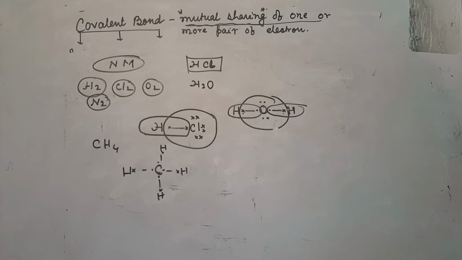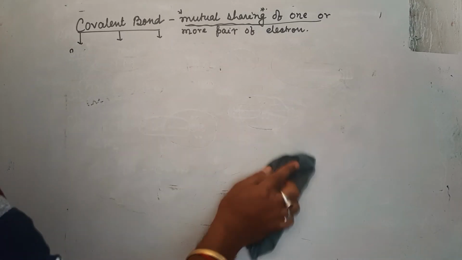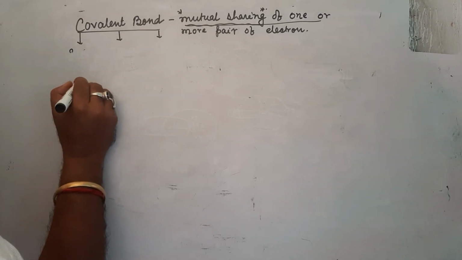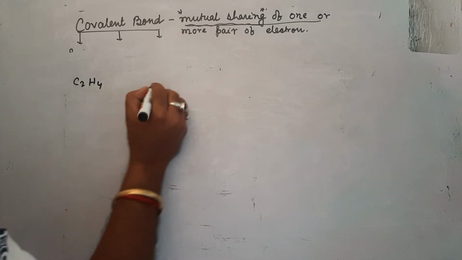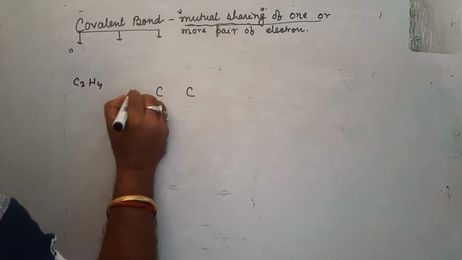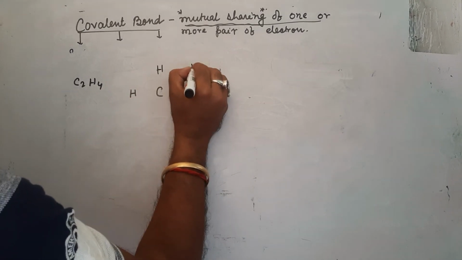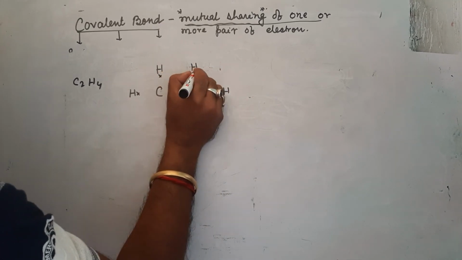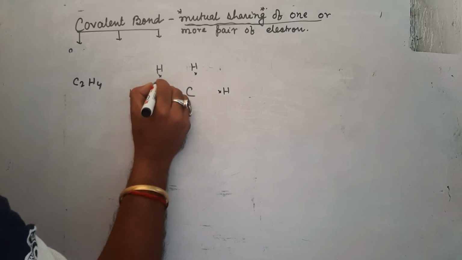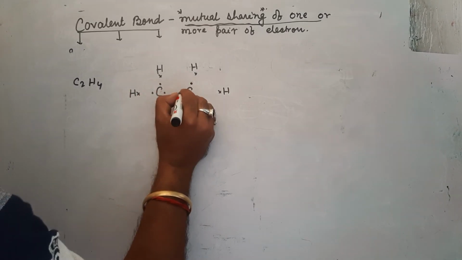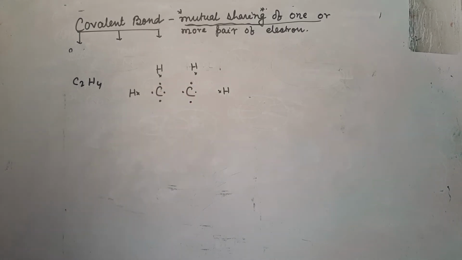Okay, now a double covalent bond. Ethene, C2H4: 2 carbon and 4 hydrogen. Hydrogen has 1 electron and each carbon has 1, 2, 3, 4.